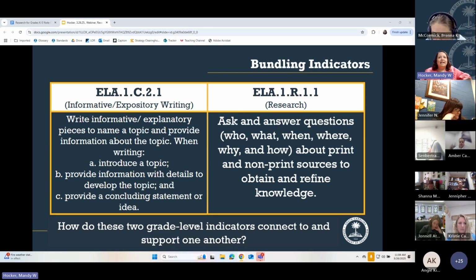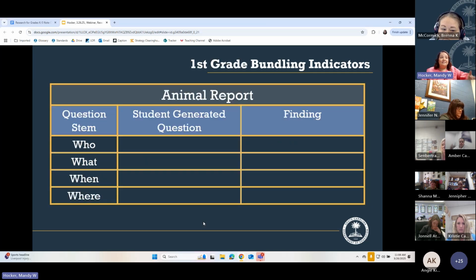So now let's take a look at an idea for instruction. Now, by no means is this the exemplar way to teach this. This is just an example that I've seen used in classrooms. So we all know about the first grade animal reports, right? But so often what we see in classrooms is that the questions are given to the students for conducting the research.